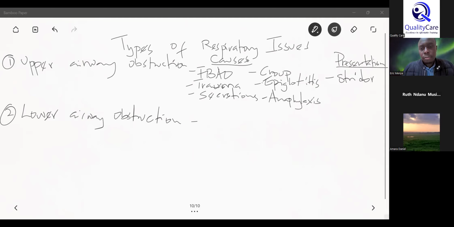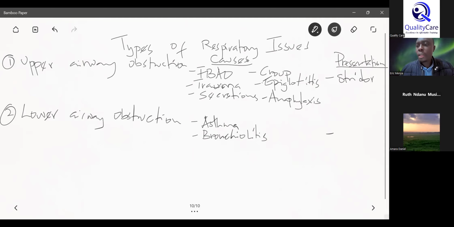Okay, but for pediatrics, we don't expect COPD. So we could have asthma, we could have bronchiolitis. So bronchiolitis and asthma. How would the patient present?